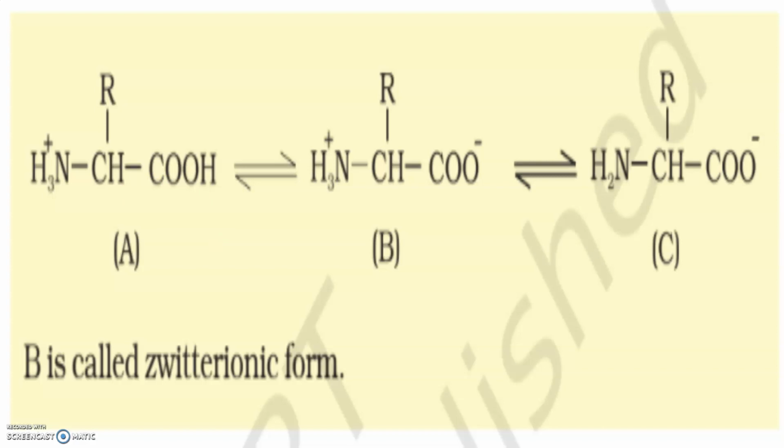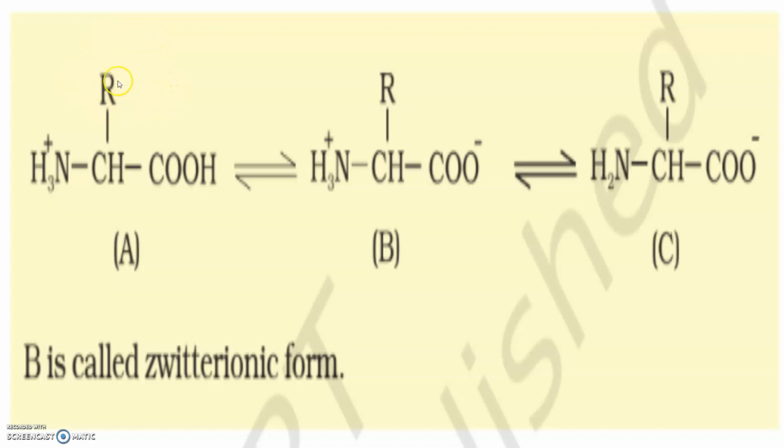There are 4 substituent groups on the 4 valency positions. So these are hydrogen, carboxyl group, amino group, and a variable group which is designated as the R group. Based on the nature of the R group, there are many amino acids, but those which occur in proteins are of 20 types only.